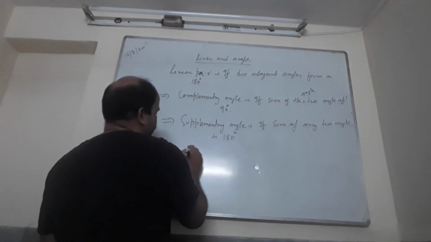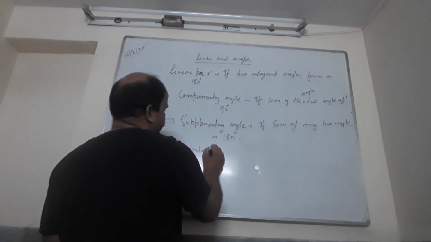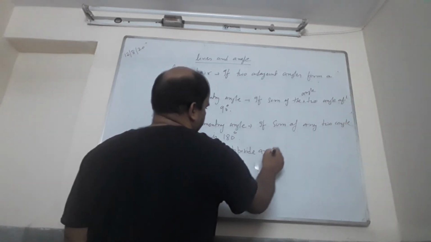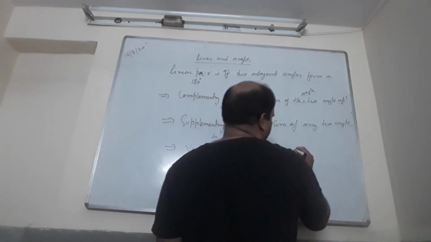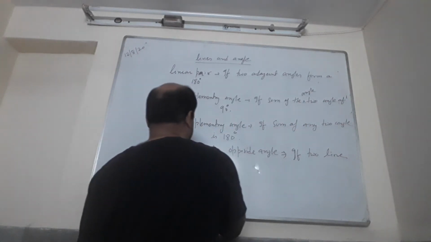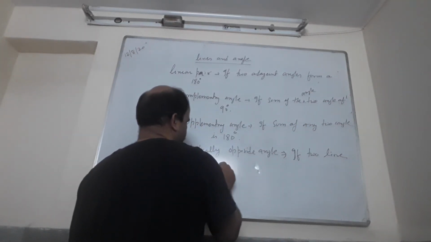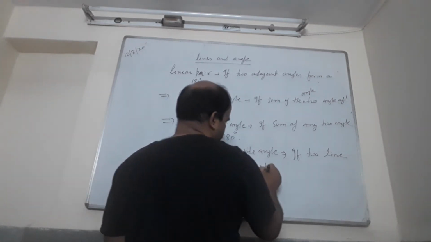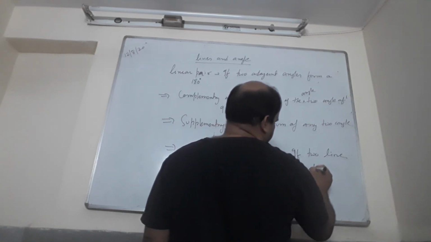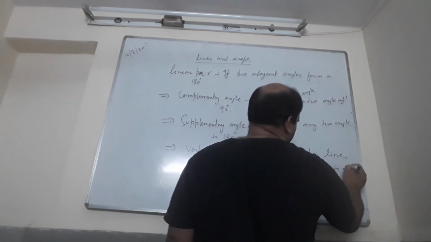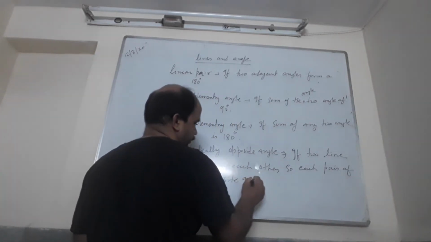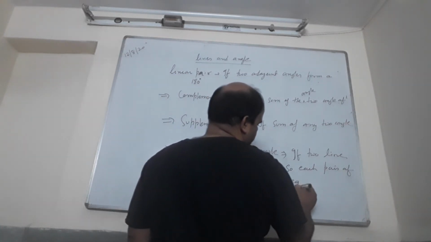And then we also should know vertically opposite angles. If two lines intersect each other, each pair of opposite angles is equal.